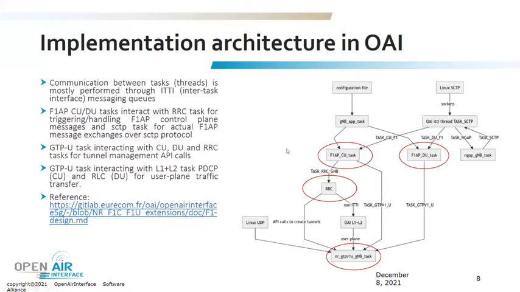So the F1AP CU and DU tasks interact, as you can see here, with the RRC task in order to handle the F1AP control plane messages. The GTPU task interacts with the CU and DU and RRC tasks for tunnel management API calls, as well as with the layer 1 and layer 2 task at either PDCP if we're talking about the CU, or the RLC if we're talking about the DU, for the user plane traffic transfer.